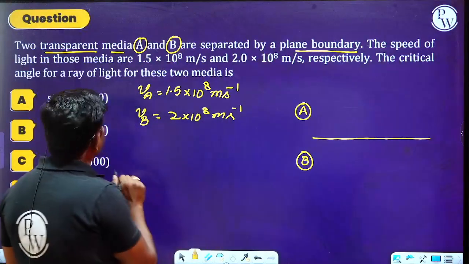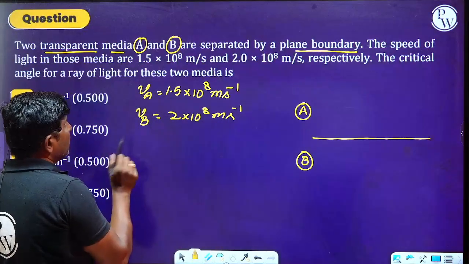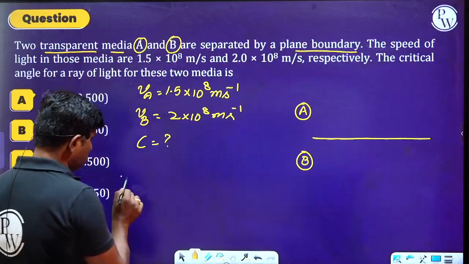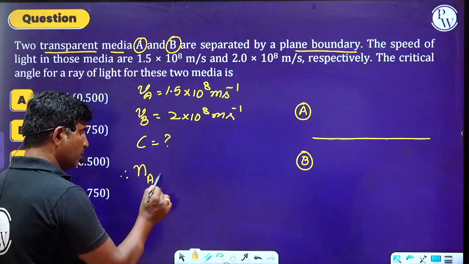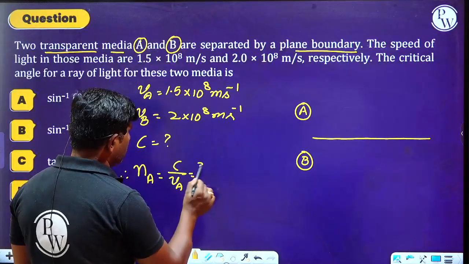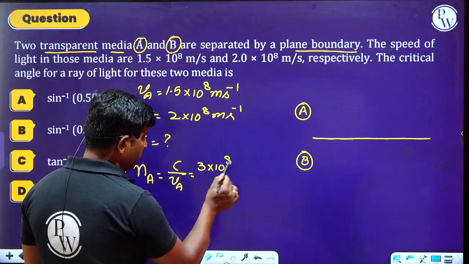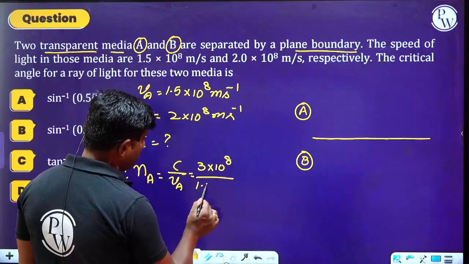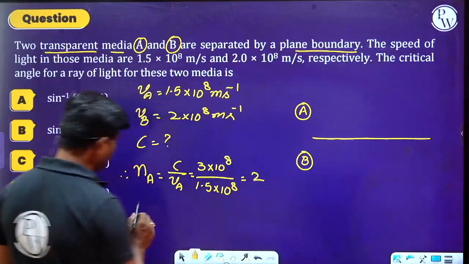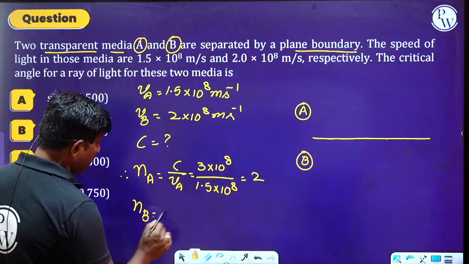They are asking what is the critical angle. There, first of all, calculate the refractive index of the media, that is C by VA. C is 3 into 10 to the power of 8 divided by VA is 1.5 into 10 to the power of 8, which is nothing but 2. So what is the refractive index of media B here?